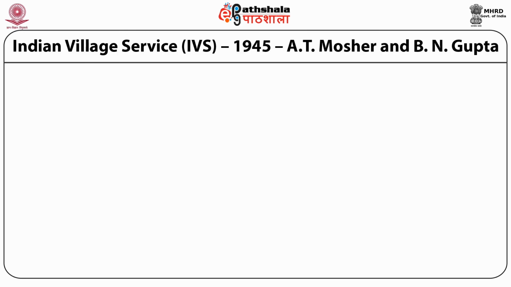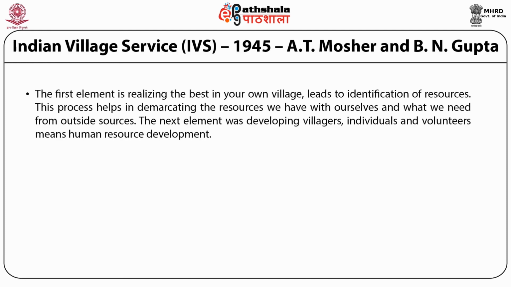When we look into the elements of the objectives, it goes back to the Gandhian ideology of development. The first element, realizing the best in your own village, leads to the identification of the resources. This process helps in demarcating the resources we have with ourselves and what we need from outside.